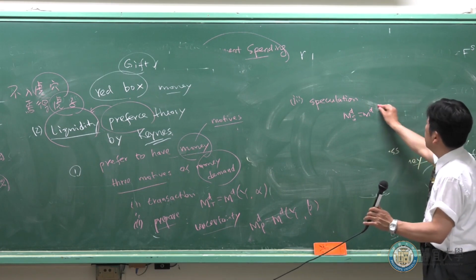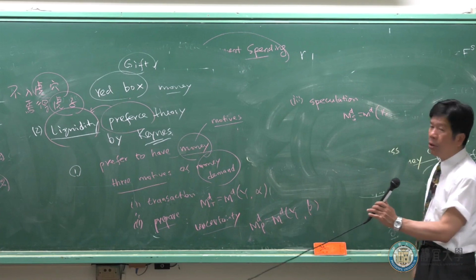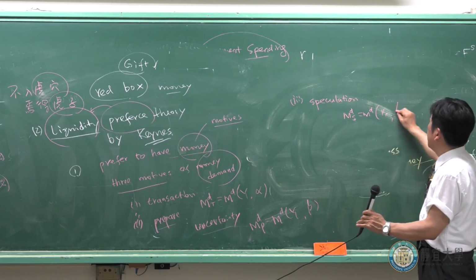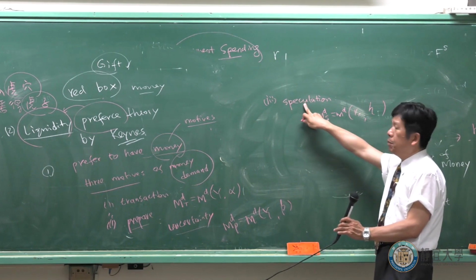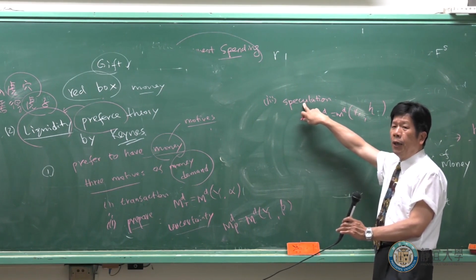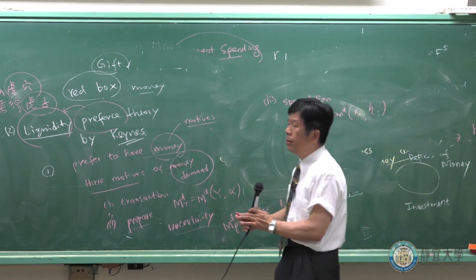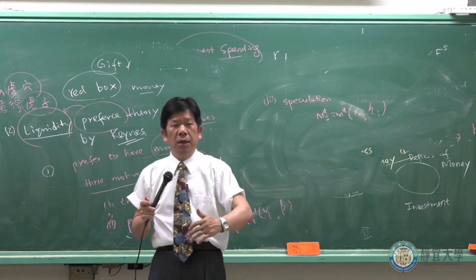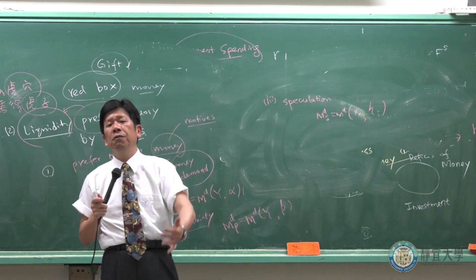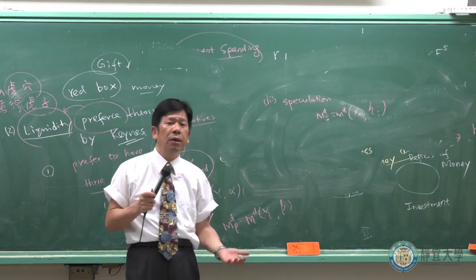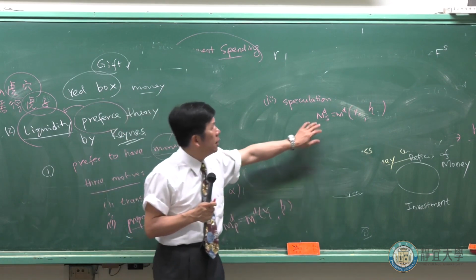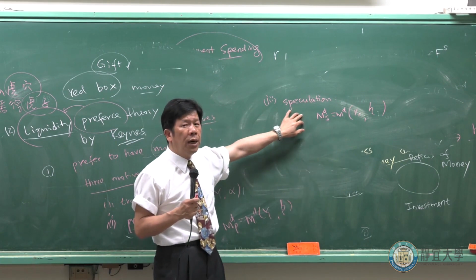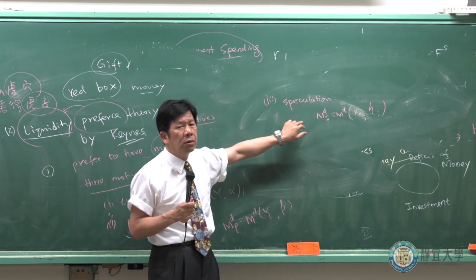So here you just consider the interest rate and the other factors. Okay? This is for speculation. So for example, if you find a very good time to do the investment, but you have no money, you cannot do anything. But if you have money, then you can try to do some speculation.